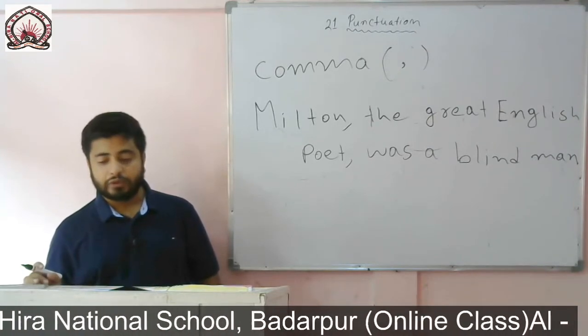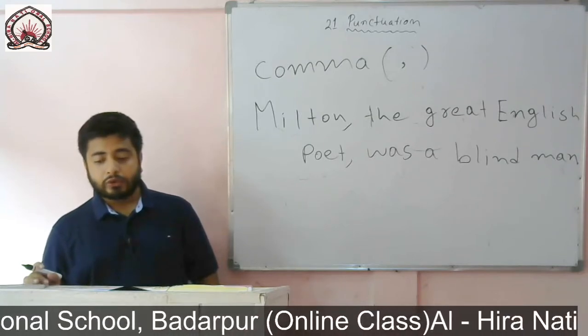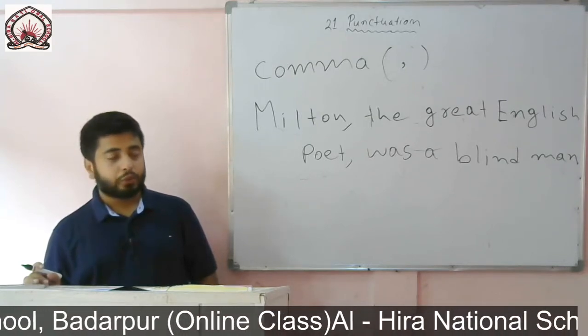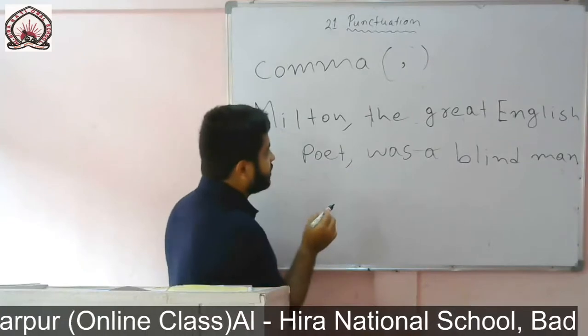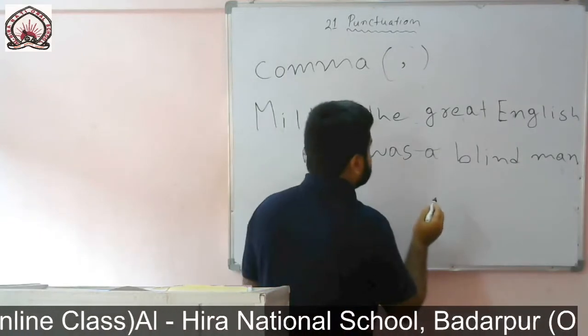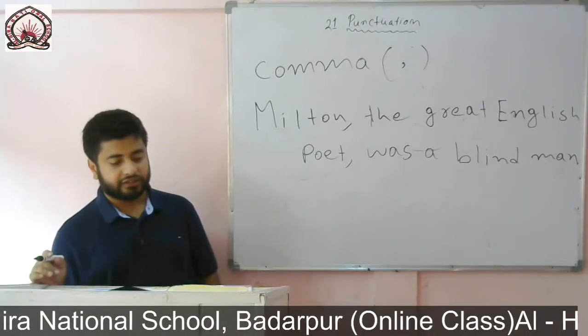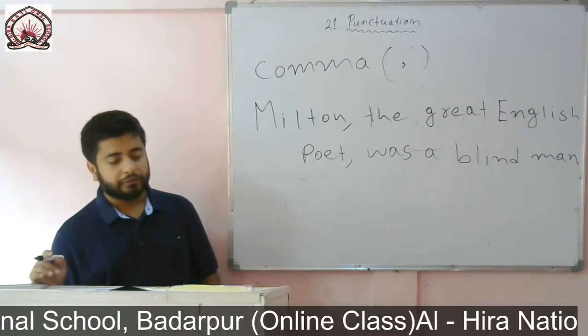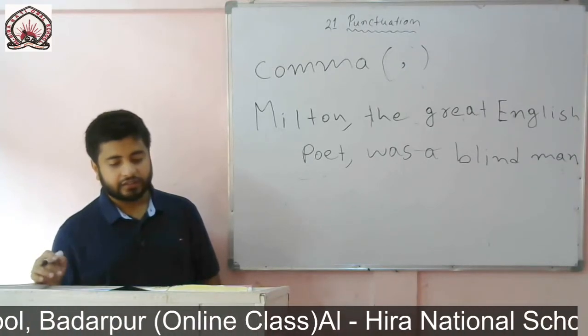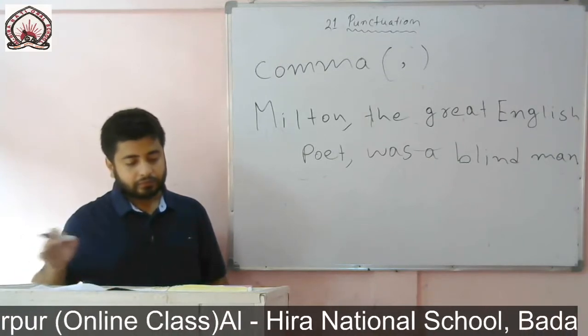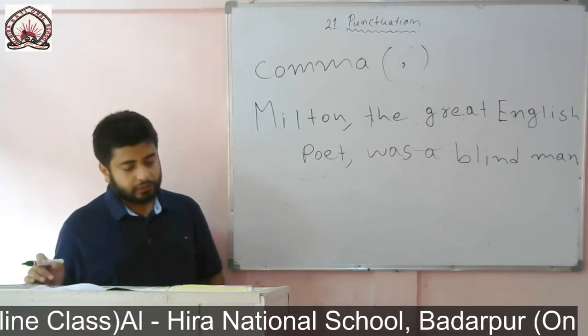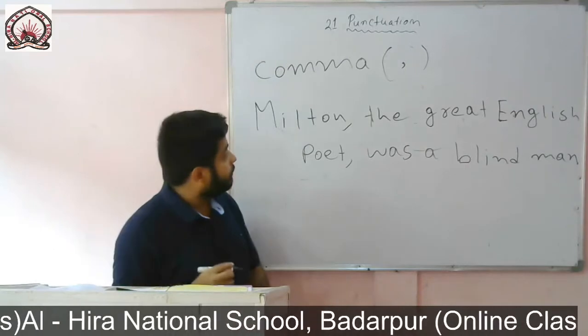As I said to you, to separate the adjuncts, we have to use comma. And I said the adjunct is what? It is extra information given in a sentence. Extra information given in a sentence is what? Adjunct. So remember this.